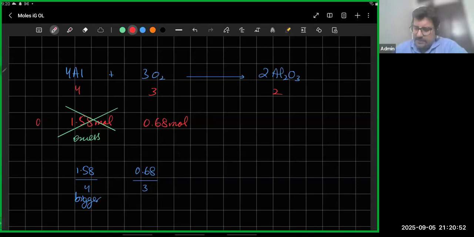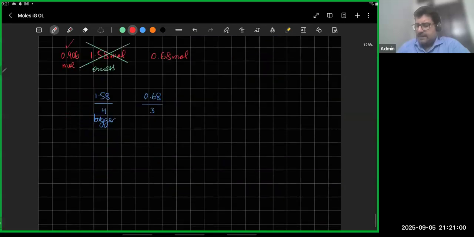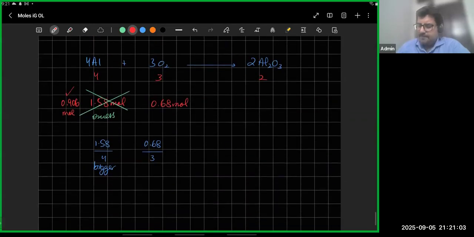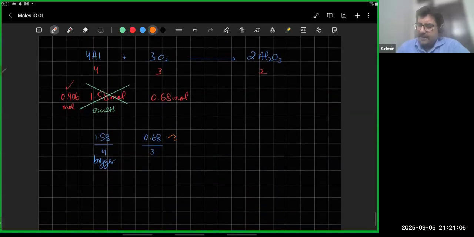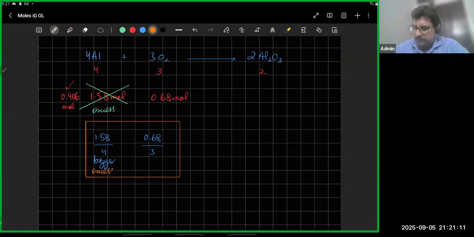Yeah, that is in excess because you just needed 0.906 moles, right? So you didn't need 1.58 moles. Anyways, you need to practice this a lot. It's a simple way of finding out. The one that's bigger, that's the one that's in excess.